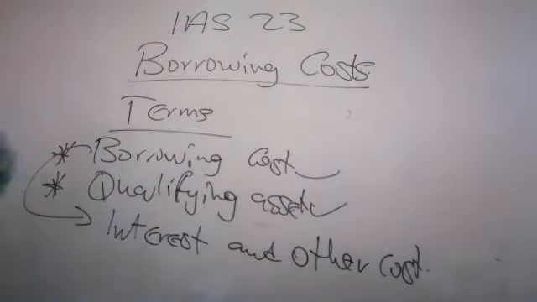So any asset that takes time before it will be ready for its intended purpose is a qualifying asset, not a ready-made asset. It being construction, acquisition, modification, manufacturing, all of them qualify to be qualifying assets.